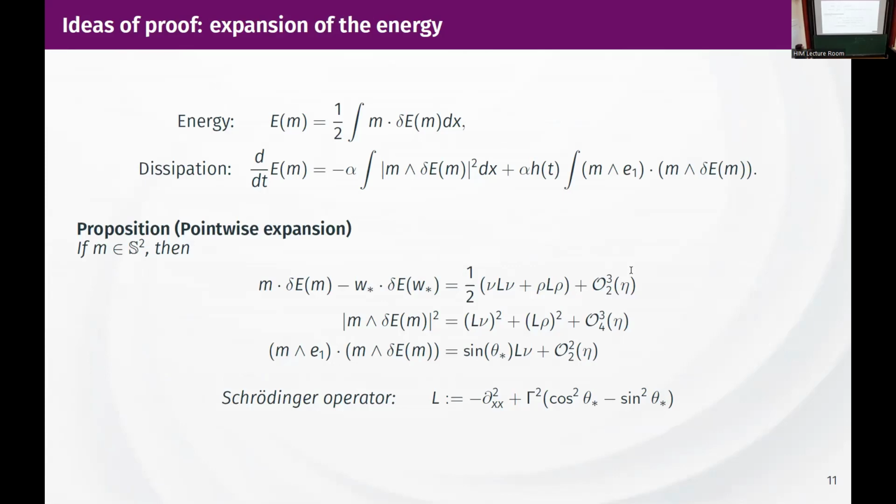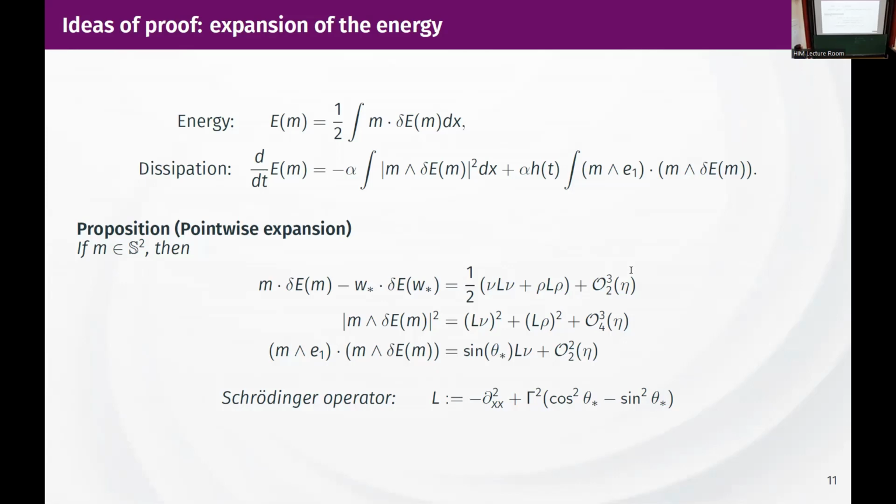And you look at the quadratic form, and it writes very beautifully in the frame that I chose. You have this Schrodinger operator, which is written here. It's always the same for each component mu and rho, and you have no other components in mu because it's quadratic. And the errors you make are cubic, and they have at most two derivatives.